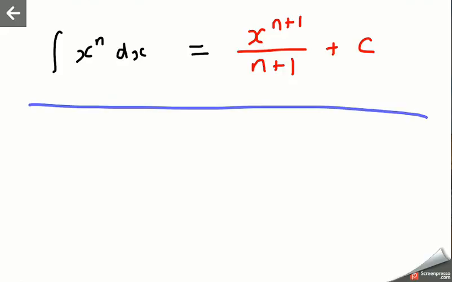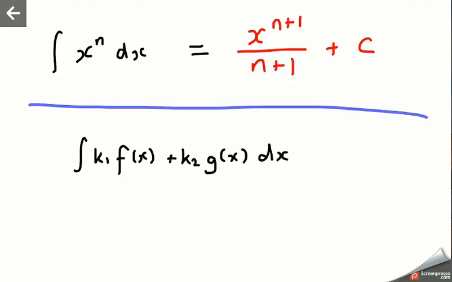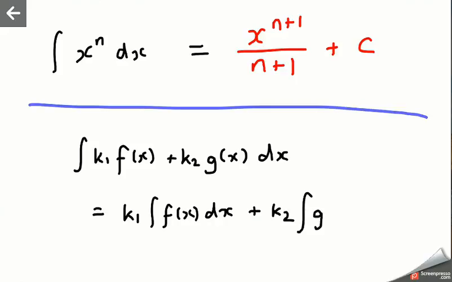In other words, the antiderivative of k1 f of x plus k2 little g of x, with respect to x, is equal to k1 times the antiderivative of little f of x plus k2 times the antiderivative of g of x with respect to x. So that's what we learned in the last video.